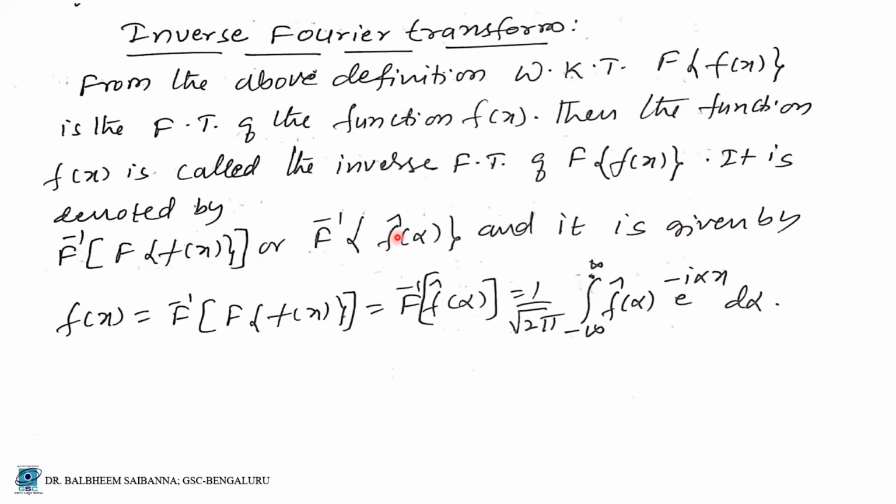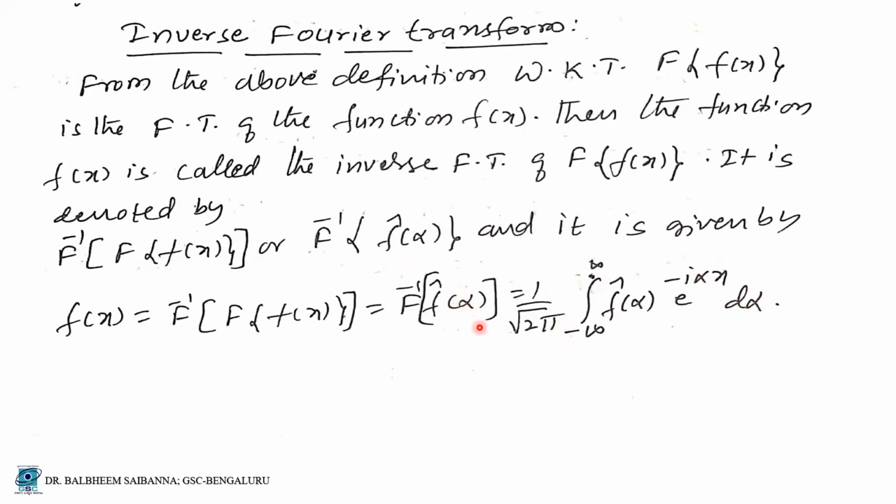The same expression we can list: F inverse of f cap alpha is given by f of x, and F inverse of f cap alpha is equal to 1 divided by root 2 pi, integral over the limit minus infinity to plus infinity f cap alpha e to the power of minus i alpha x d alpha.